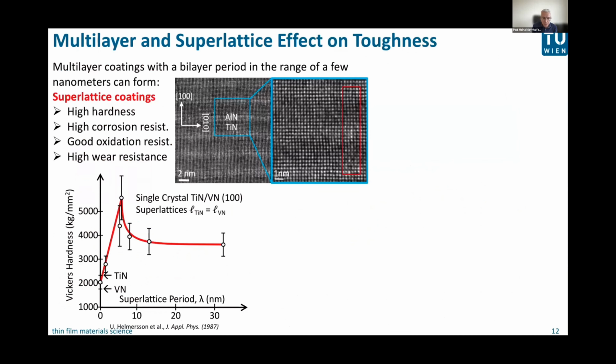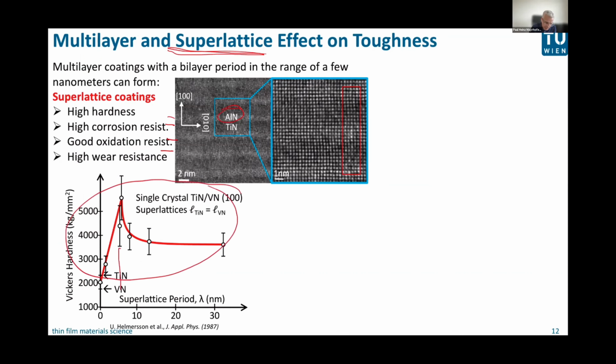That brings me to another combination. We use this toughening effect and also coherence strains to other layers to stabilize aluminum nitride in the metastable state. And by that, we have two positive effects. The first one is the phase transformation. The other one is the superlattice effect, which is well known for strength.